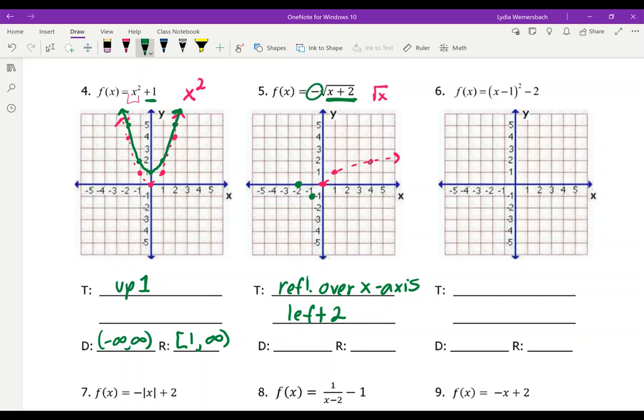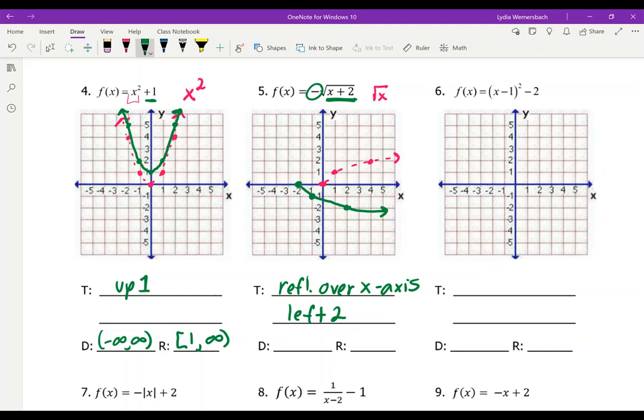And (4, 2) reflected would be (4, -2), and it would go left 2 as well. So we don't want to change the shape as much here. We're just going to still look like this. It's going to stop where that first point that we moved stopped and continue where it continued before.